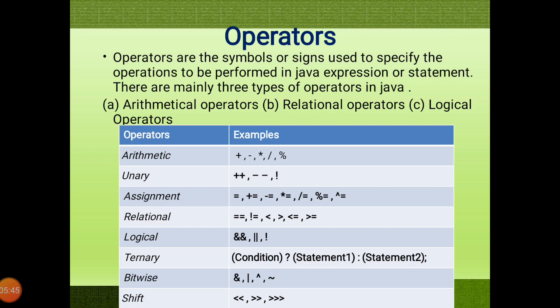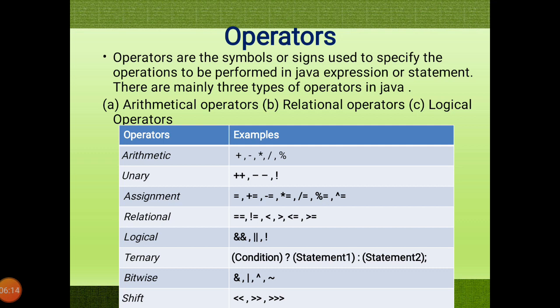The first one is the arithmetic operator, that is addition, subtraction, multiplication, division. The second one is the relational operator, that is less than, greater than, less than or equal to, greater than or equal to, and not equal to. And the third one is the logical operator: and, or, not.